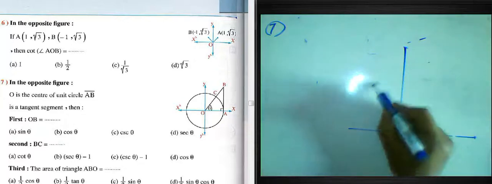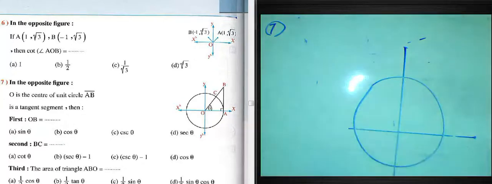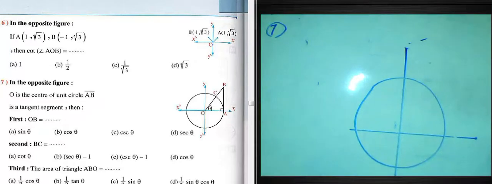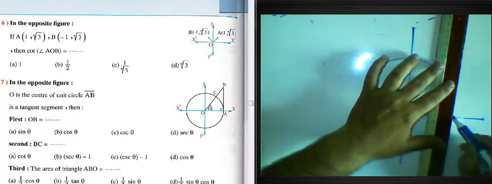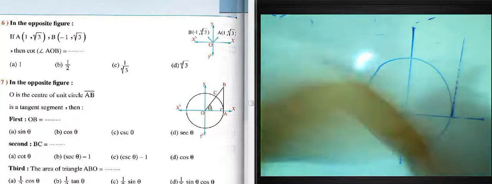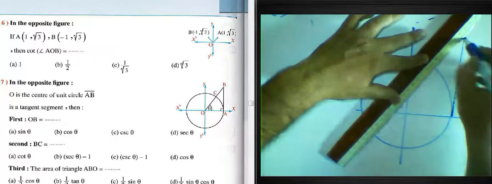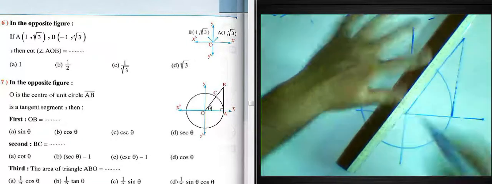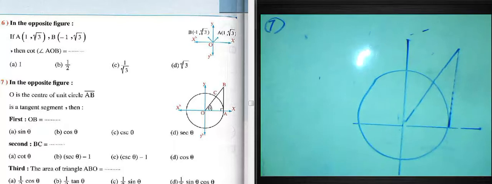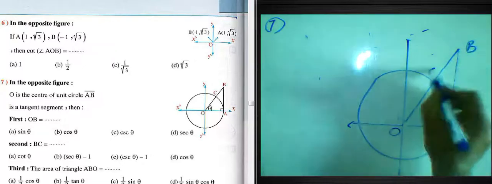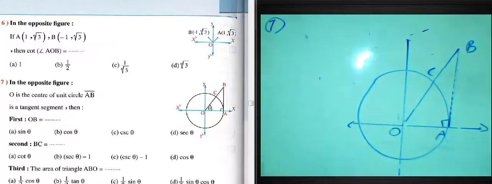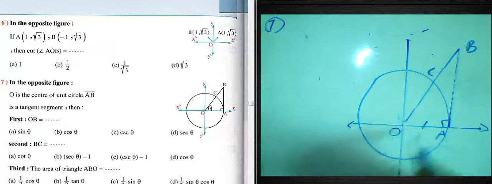We have a circle here, and this tangent to the circle, and he drew this side, and we have O A B C. It's a right angle triangle because the tangent is perpendicular to the radius of the circle.